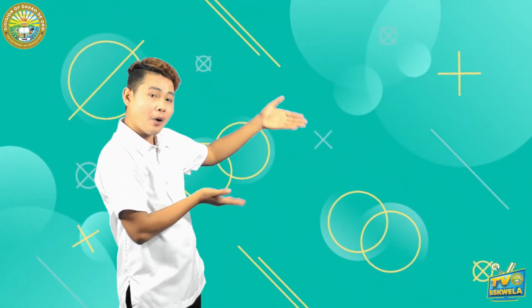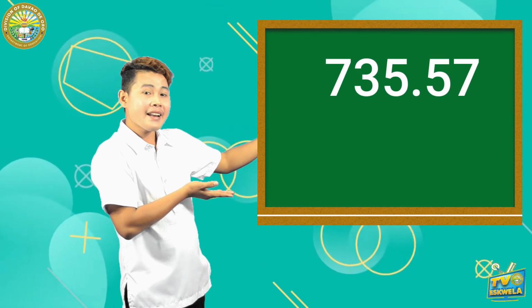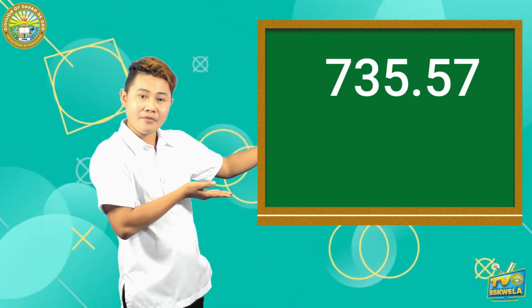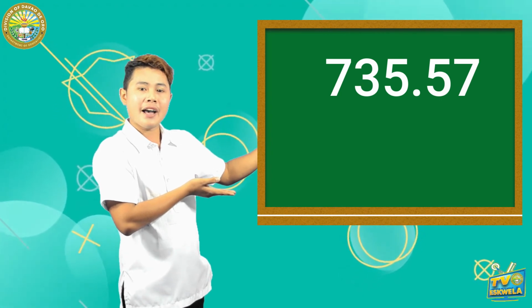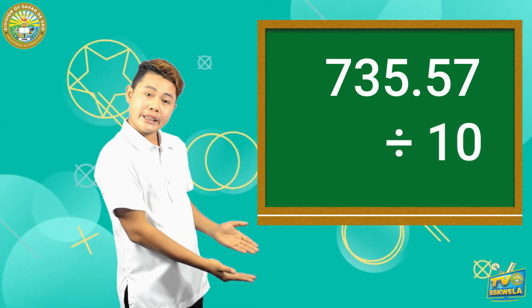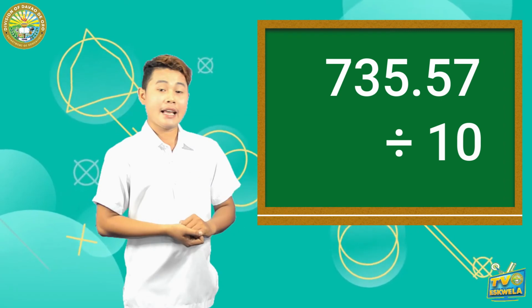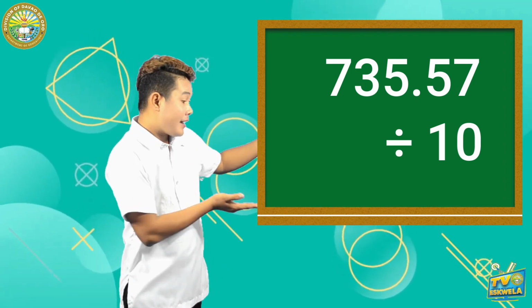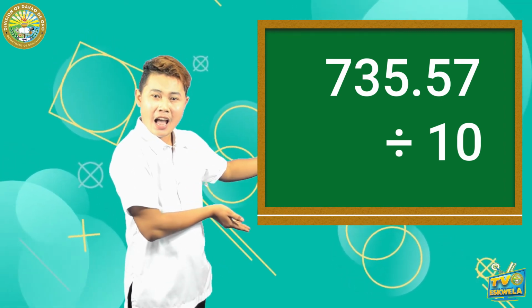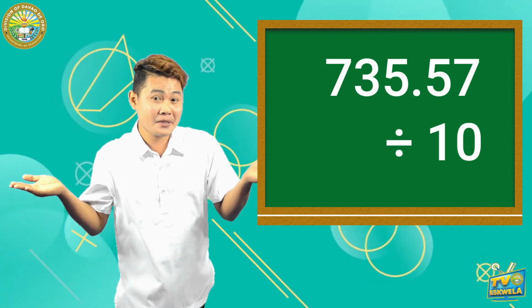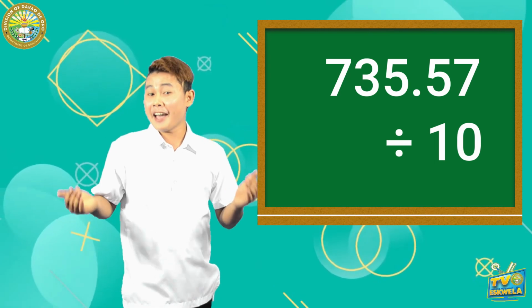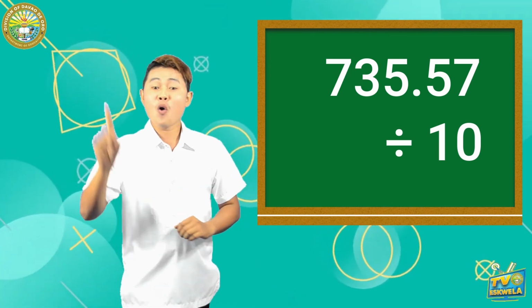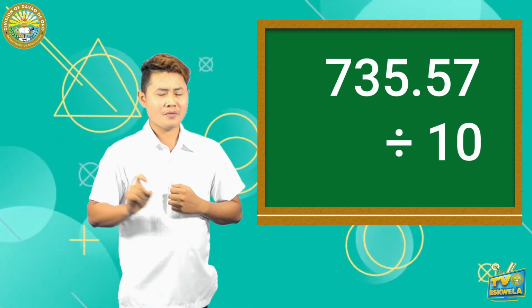Like for example, 735 and 57 hundredths divided by 10. In our divisor 10, how many zeros? Yes, we only have 1 zero.